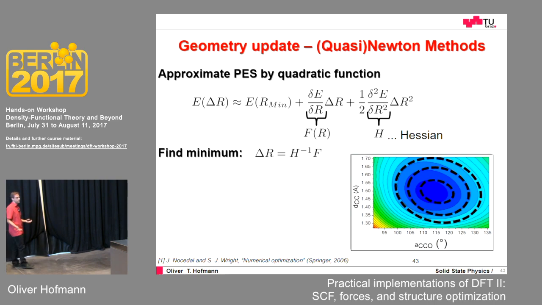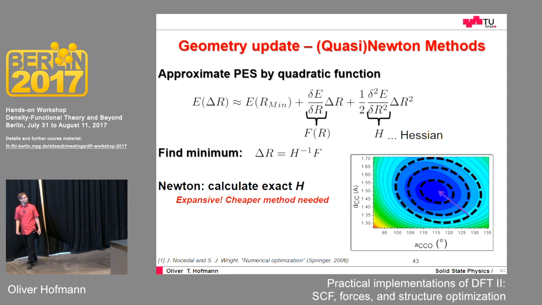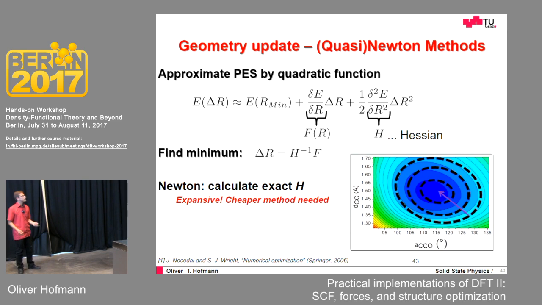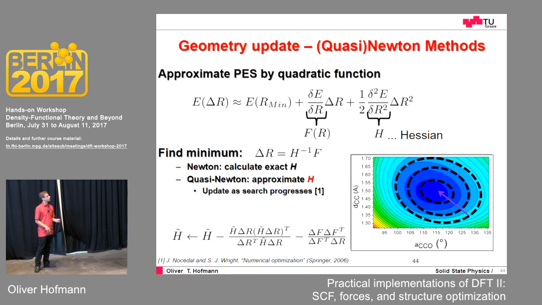And then we try to find the minimum using what's called a quasi-Newton method. If we used a Newton method, we could actually calculate the exact Hessian and then go towards the minimum, but calculating the Hessian is typically too expensive, and instead we use what's called a quasi-Newton method. The quasi-Newton method works as follows.